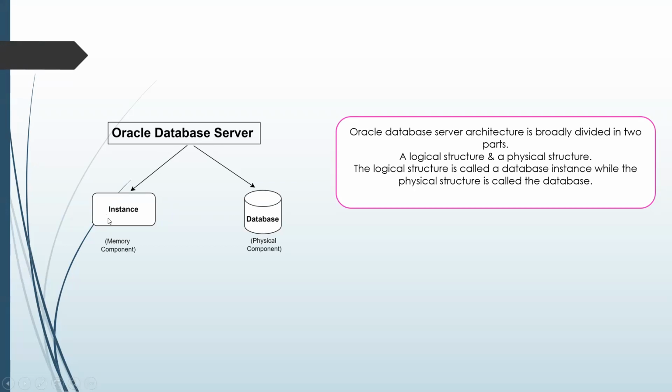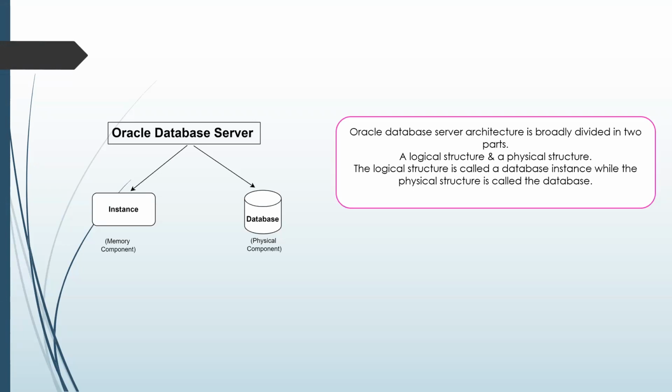So when we say that this instance, which is the memory component, is present inside the RAM of the server, it automatically means that if something goes wrong with the server, or if for some reason your server crashes, that means the instance which was present in the RAM on the server will get wiped out, correct?